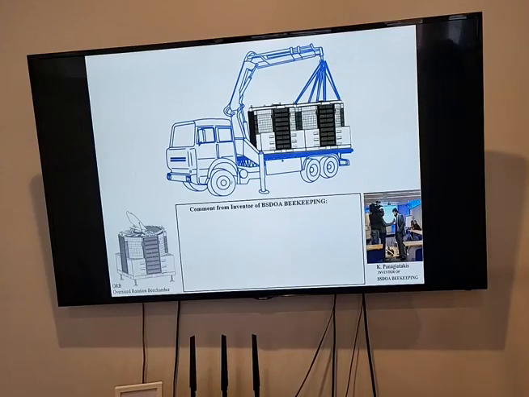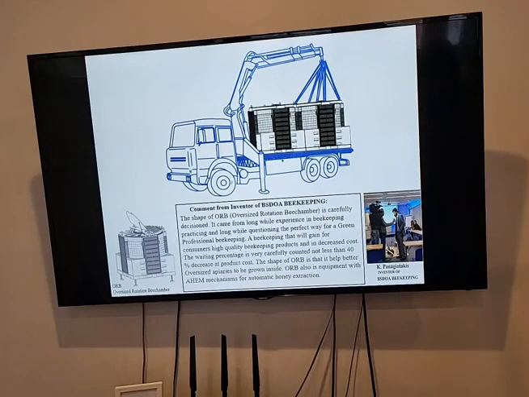My comment here: the shape of the orb, that oversized rotation bee chamber, is carefully decided. It came from a long experience in beekeeping practice and long questioning of the perfect way for a green professional beekeeping, a beekeeping that will give consumers high quality bee products at decreased cost.